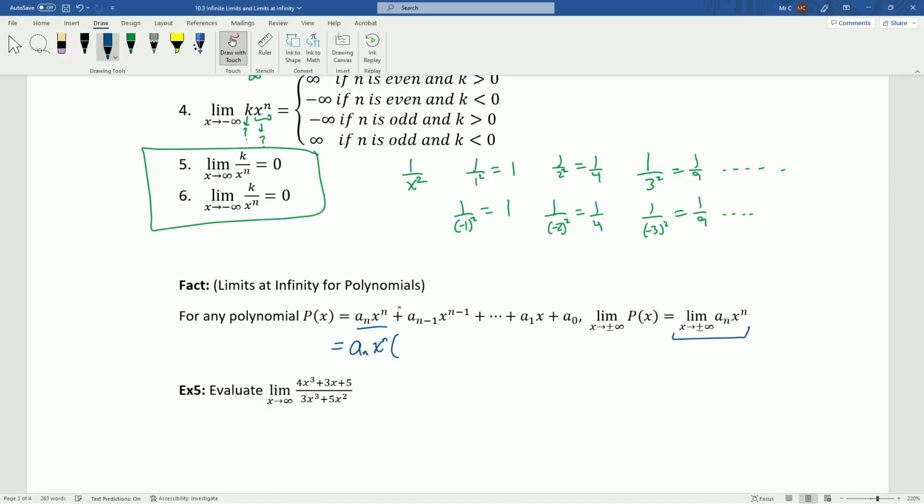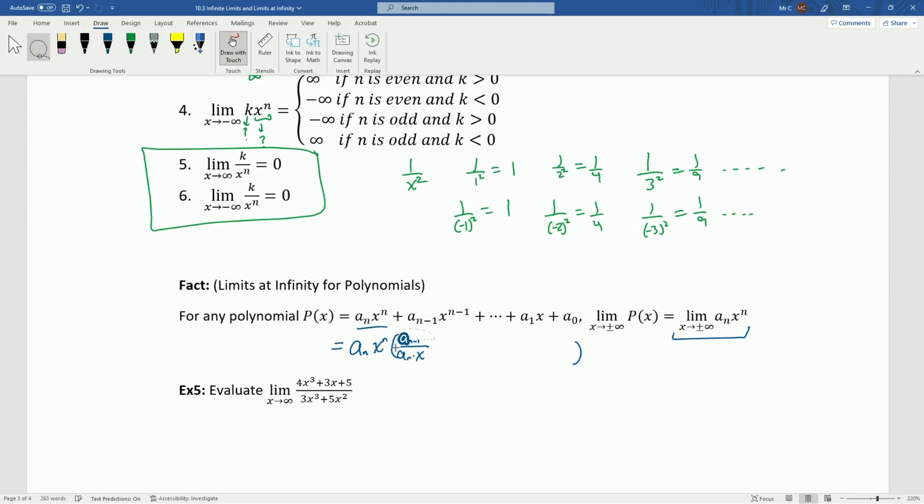If I'm factoring it out, it's like dividing all of the terms inside the parentheses by the thing that you pulled out. So we get a sub n minus 1 over a sub n times x, because this is x to the n minus 1 over x to the n, which leaves me with one factor of x left.